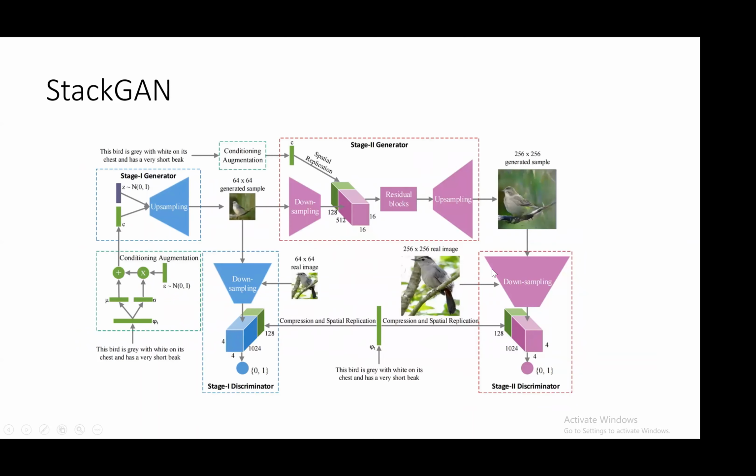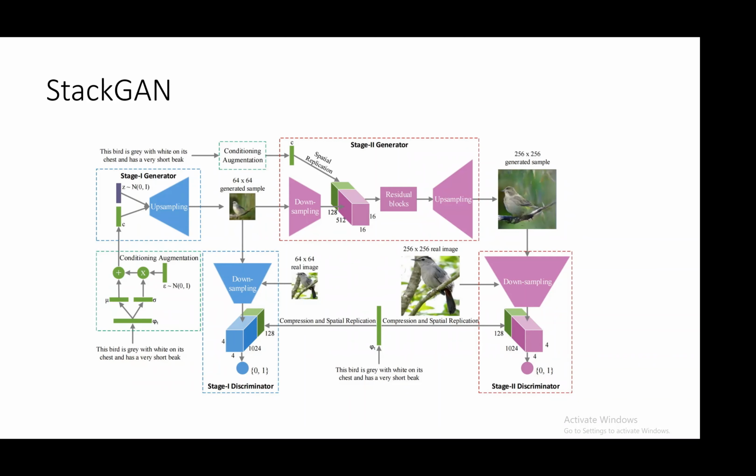At the beginning, we have the image first downsampled to a smaller image, and in stage 1, it generates an image from the text input, and the discriminator also measures the difference between the generated image and the downsampled image.